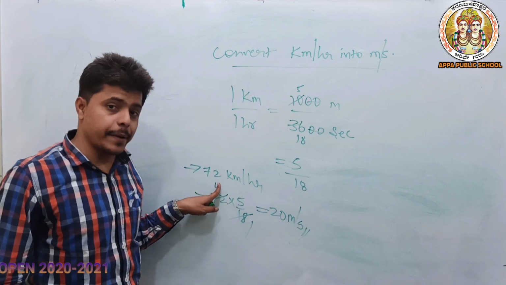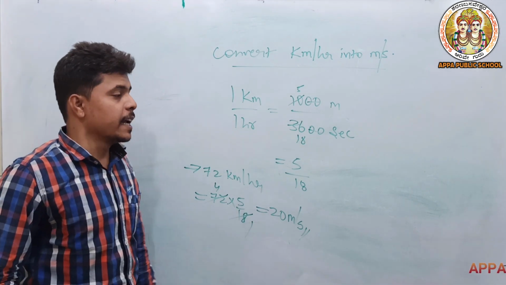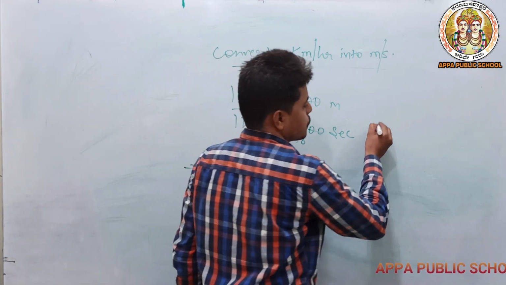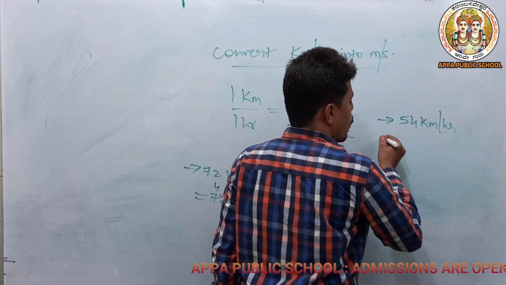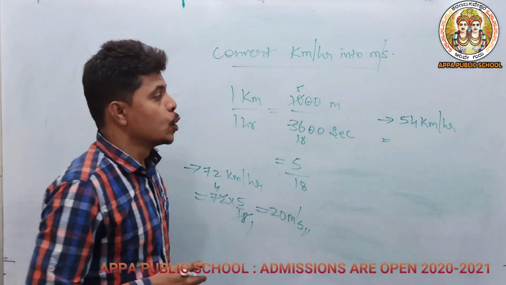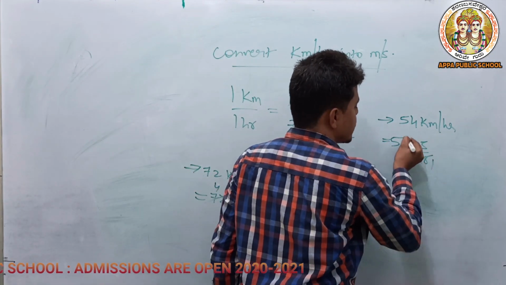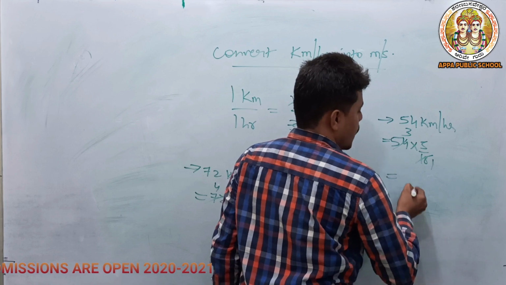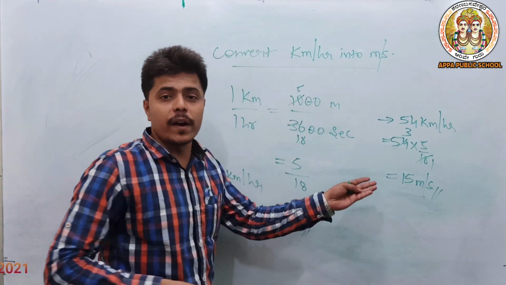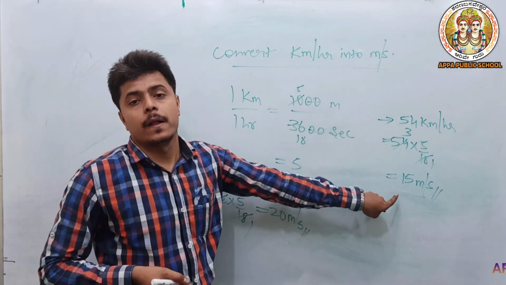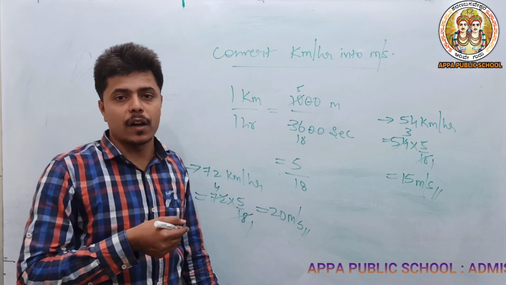One more example: 54 kilometer per hour, I want to convert into meter per second. So 54 into 5 by 18. 18 threes are 54, 3 fives are 15, so 15 meter per second. I have converted kilometer per hour into meter per second.